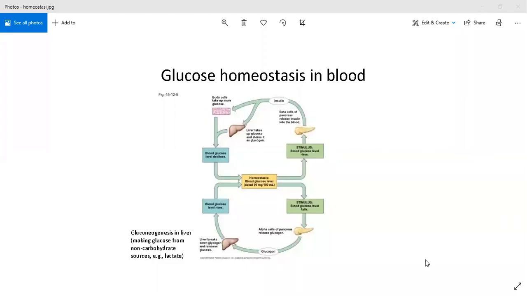Okay, good. So we're going to talk about glucose homeostasis today. Yesterday, we talked about osmoregulation, water homeostasis, sodium homeostasis, and potassium homeostasis.